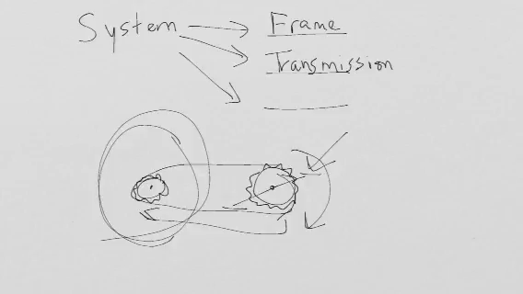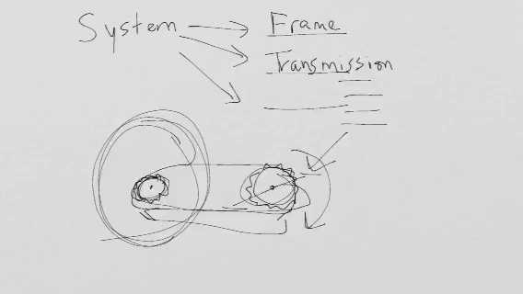So within this subsystem, we've got a few parts in the bicycle. We've got the pedals, we've got these gears, we've got the chain, we've got the gears at the back here, and then we've got the back wheel. So when we're talking about the components that go into a subsystem, we have to list each component that is part of that subsystem.